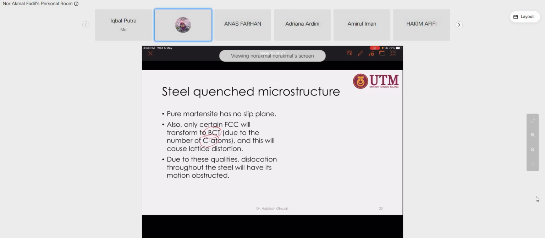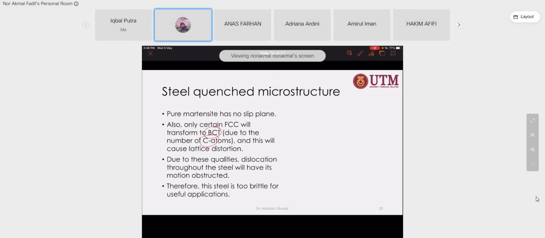dislocation throughout the steel will have its motion obstructed. Okay, means that obstacle is everywhere due to the needle shape. Okay, there's no slip system at all. So that's the reason your material becomes very hard. However, hardness is always associated with brittleness.